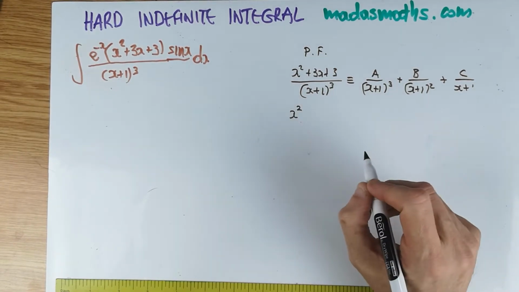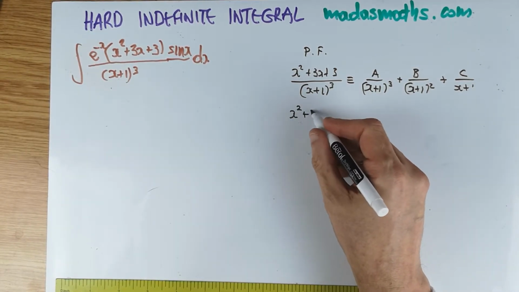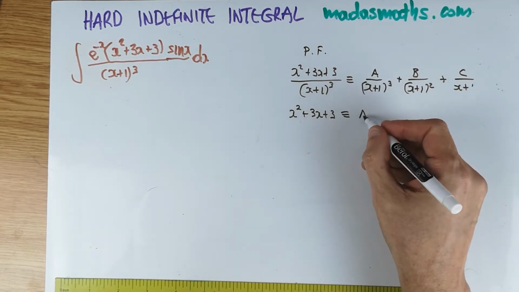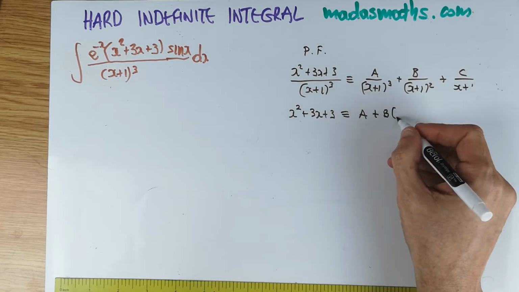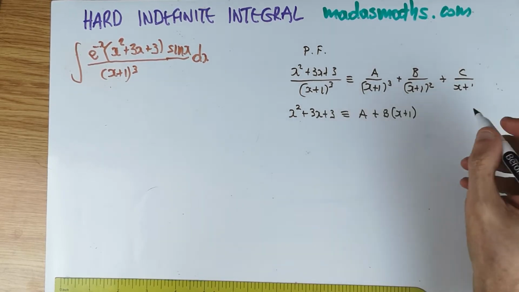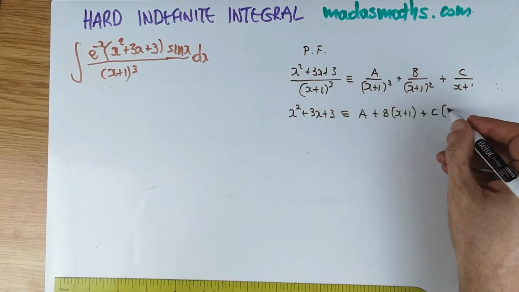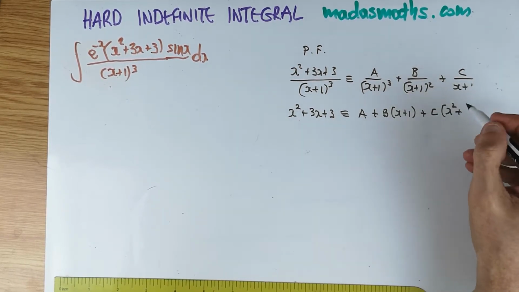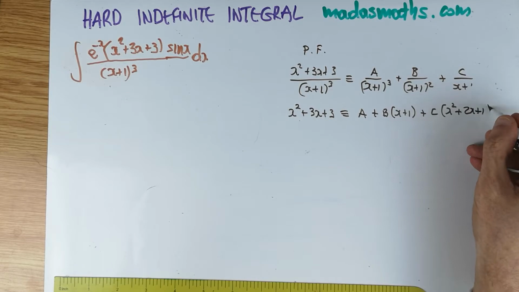You would probably do it by equating coefficients. So this one will be a plus b times x plus 1 plus c, bracket, we're timesing by x plus 1 all squared.